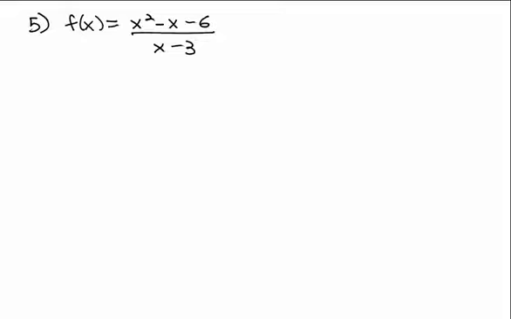So let's factor it. It's going to factor to x times x, and to get negative 6, it's going to be negative 3 and positive 2. So we've got an x minus 3 in the denominator. And one thing you probably notice is those x minus 3's are going to divide out. That's going to be significant to us here in a minute.